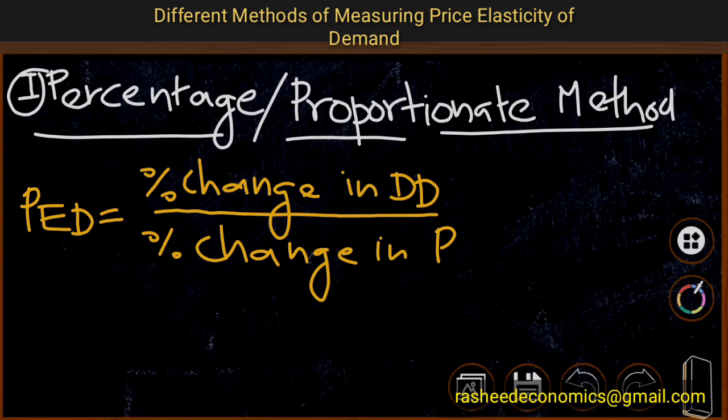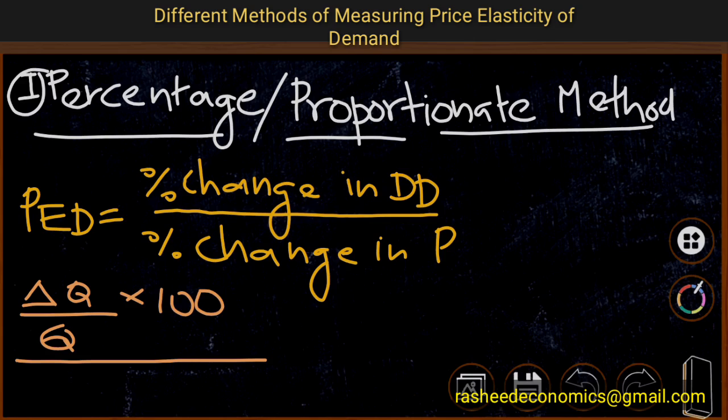Here we need to identify the percentage change in quantity demanded of the commodity and percentage change in price of the product. For this we modify the equation as change in Q, that is change in quantity demanded, divided by Q, that is original quantity, into 100, which is the percentage change in quantity demanded.